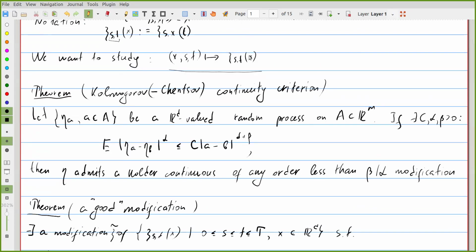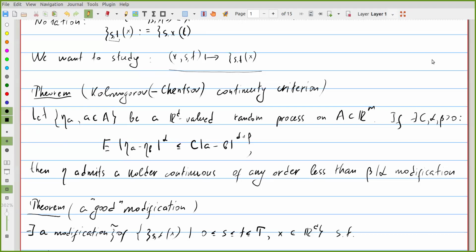For our results, we need a well-known and famous result, which is called the Kolmogorov, sometimes Kolmogorov-Chentsov, continuity criterion. It's called a criterion, so it is not formulated as a necessary condition.